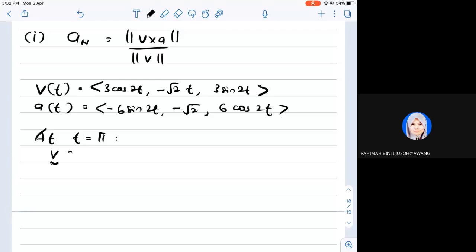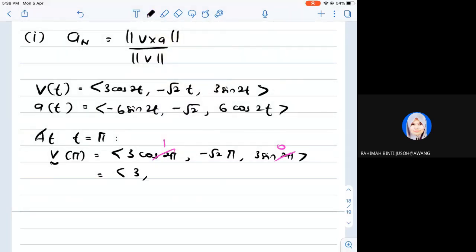Right, at time t equals to pi, nanti siap-siap nilai t equals to pi. So velocity at time t equals to pi: 3 cos 2 pi, negative square root 2 pi, 3 sin 2 pi. So yang ni orang akan dapat cos 2 pi is 1, sin 2 pi is 0. So we will have 3, negative square root 2 pi, 0.